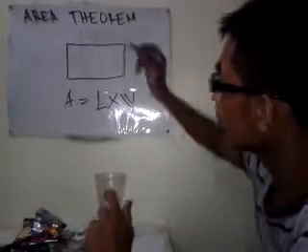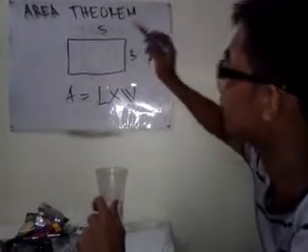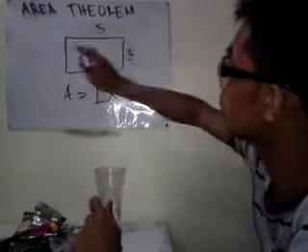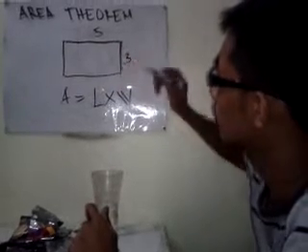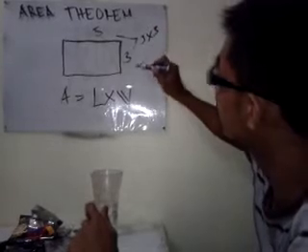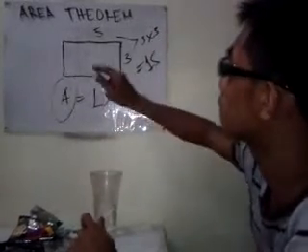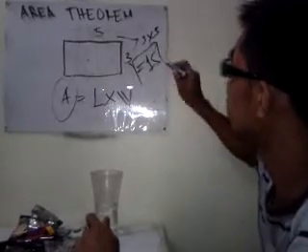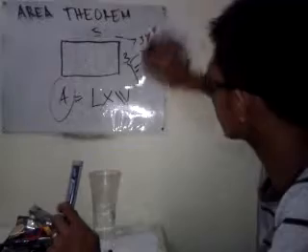Now, let's say this is 5 and this is 3. This will be our length, of course, and this is our width. So basically 5 times 3 will give us 15. So the area of this rectangle is 15. Simple as that.